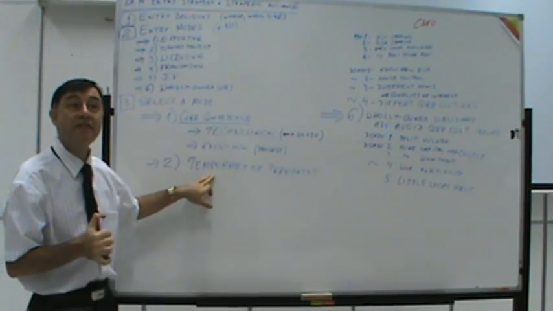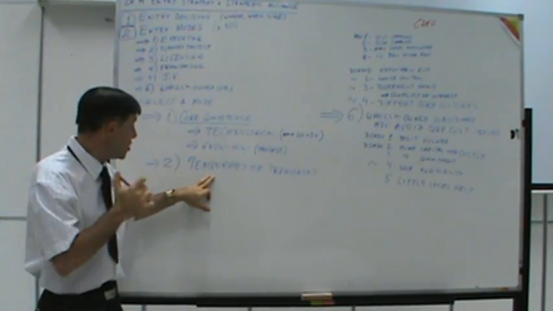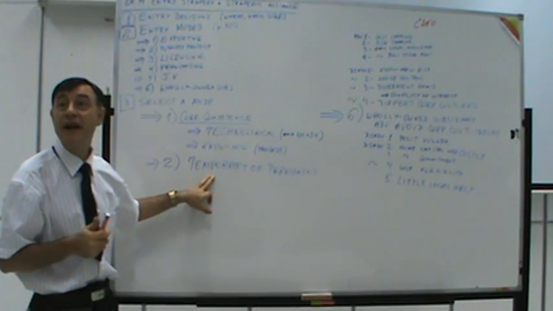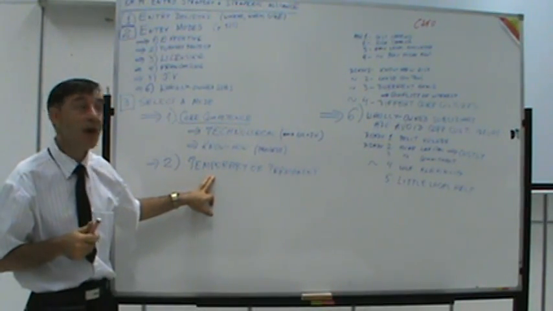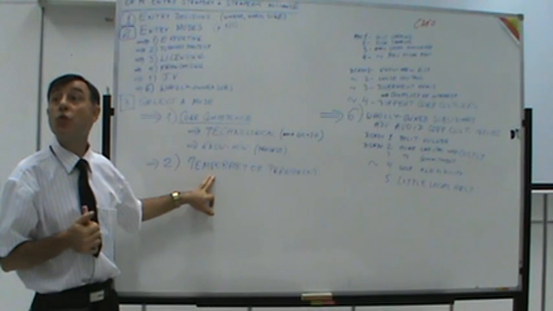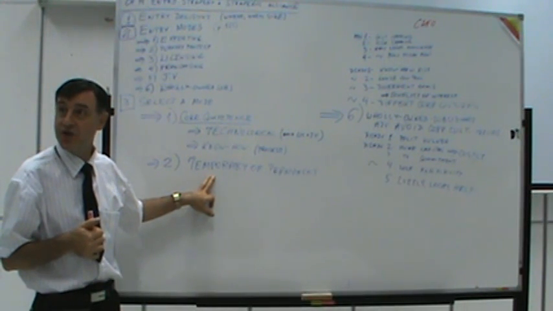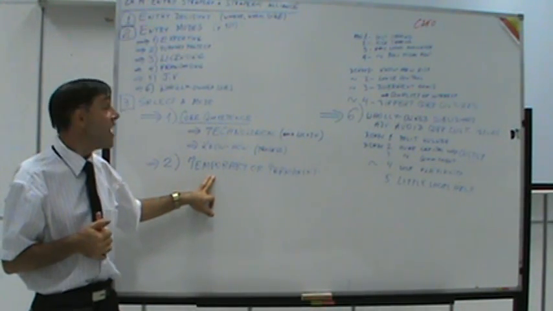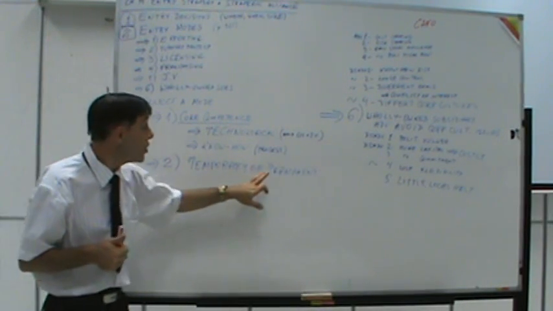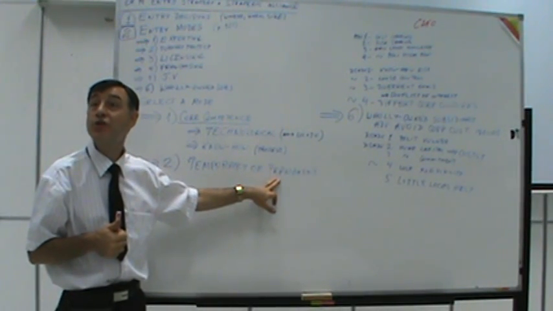If you have a technology which you believe or expect to be temporary, you will choose one type of entry mode strategy as opposed to a technology which you believe to be permanent.